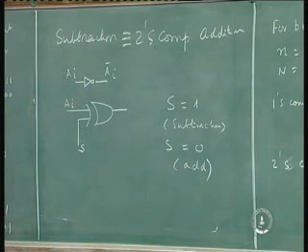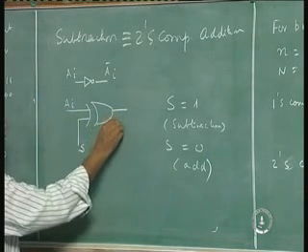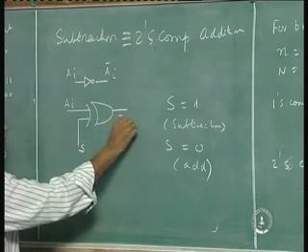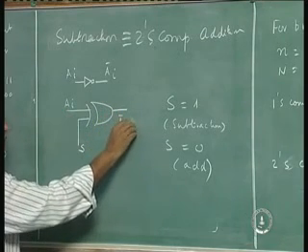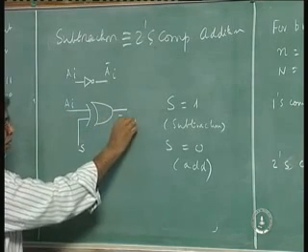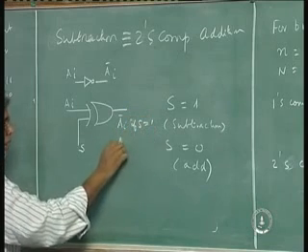When I give S equal to 0, it is an addition operation. This is AI bar if S is equal to 1, AI.